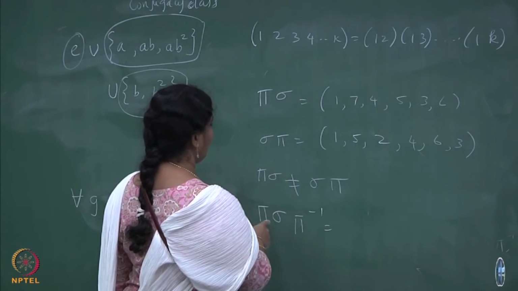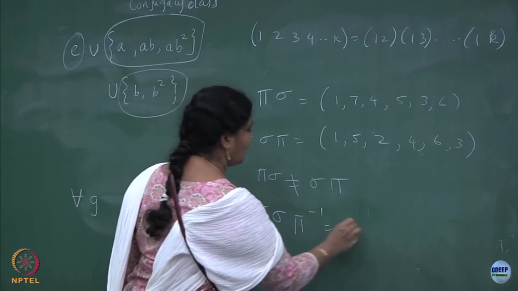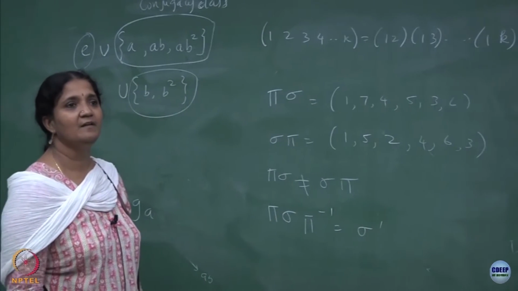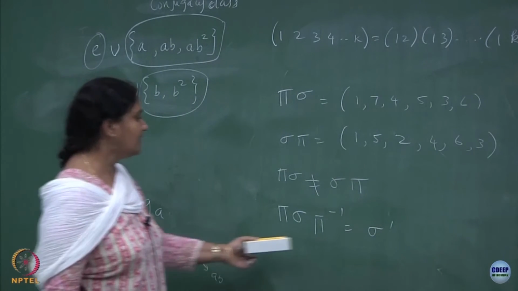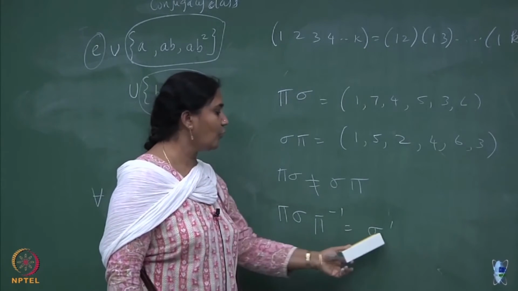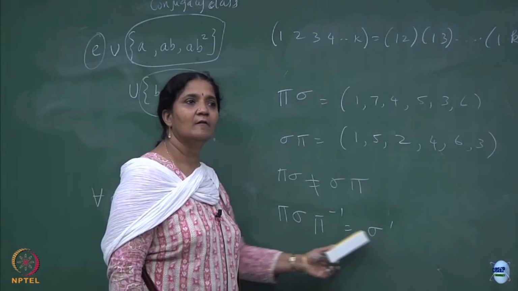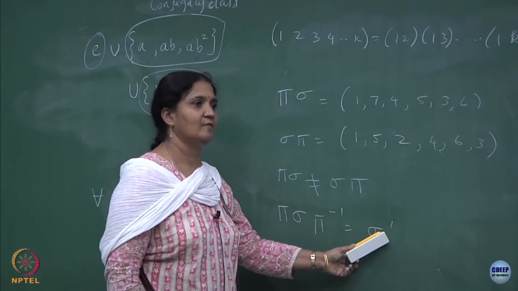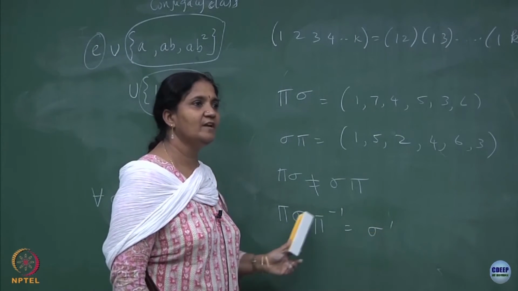So, pi sigma pi inverse can give you a new element in general, right, and this element are called what? We did this in the beginning of the lecture, conjugate element. Okay. They are conjugate elements.